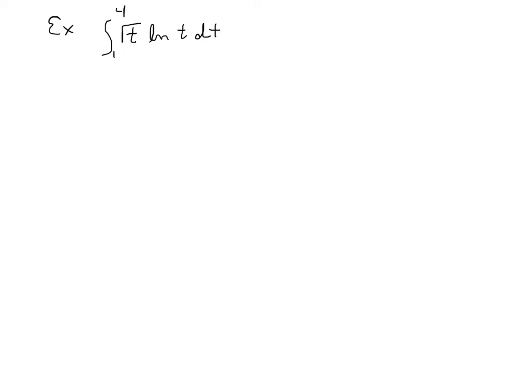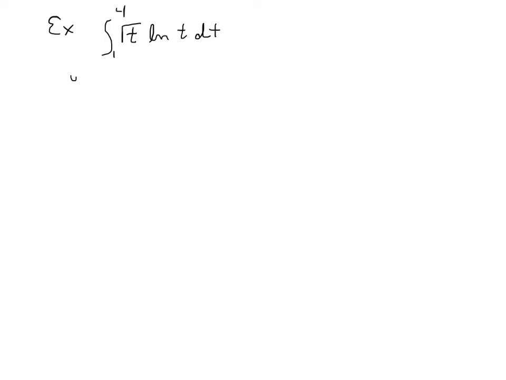Okay, so my first intuition looking at this integral is actually to do a u substitution, but in order to do that, I would have to choose u as an inside part, and then that doesn't make any sense. I've got this square root of t out in front that doesn't help it.